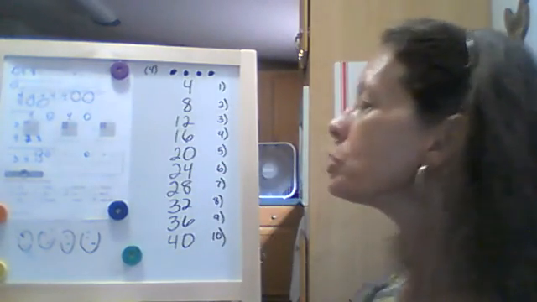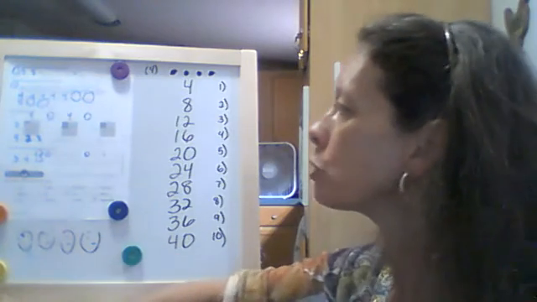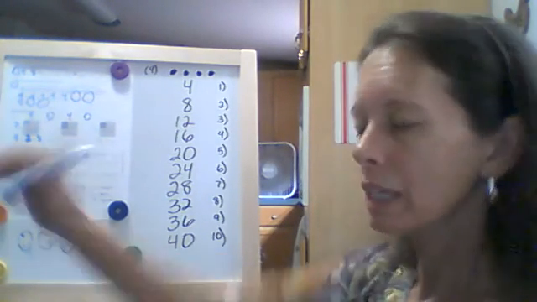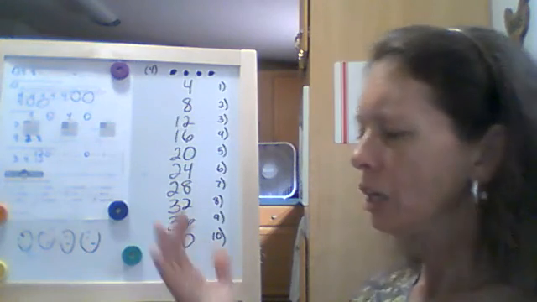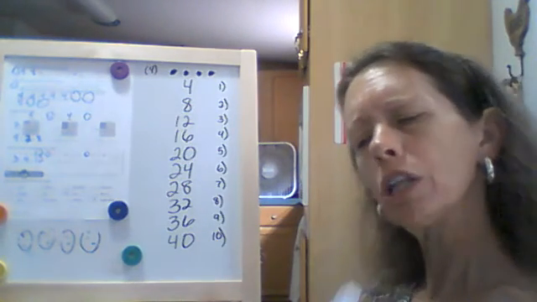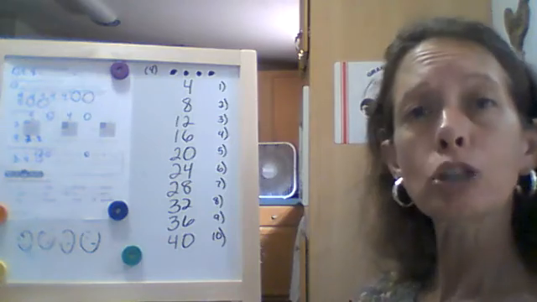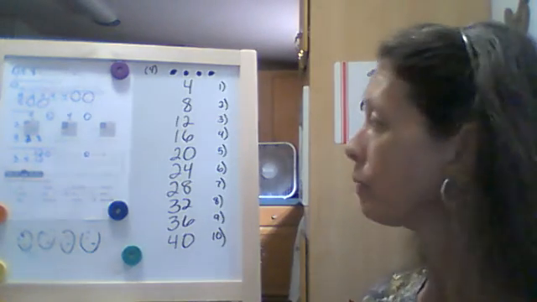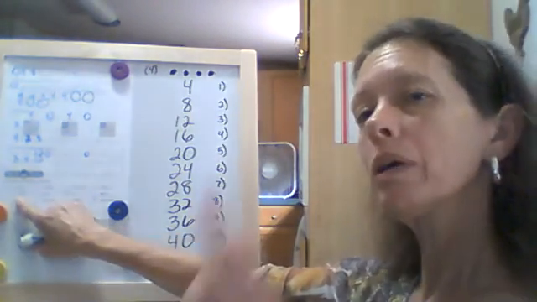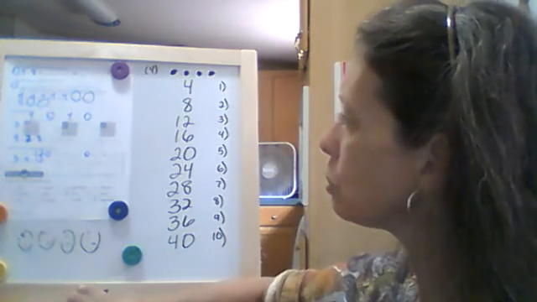Okay? Then we're doing down at the bottom, and it's asking you to review the months, number the months of the year in order. And let's say the months of the year together. January, February, March, April, May, June, July, August, September, October, November, and December. Okay, so January is 1. January, February, what is going to be 2?